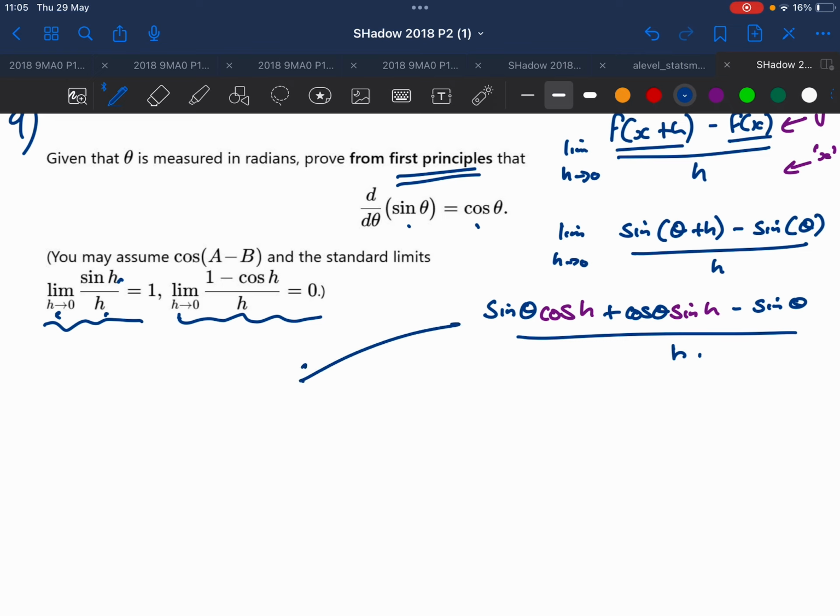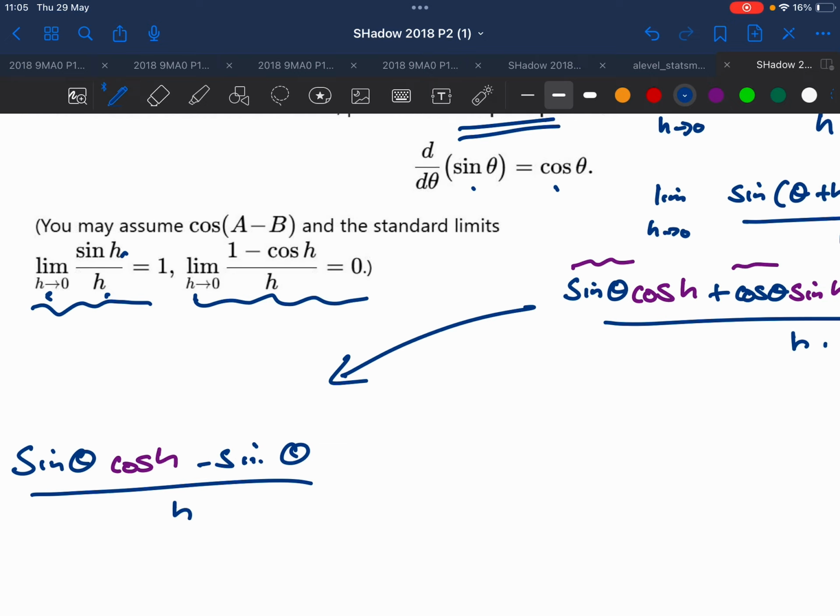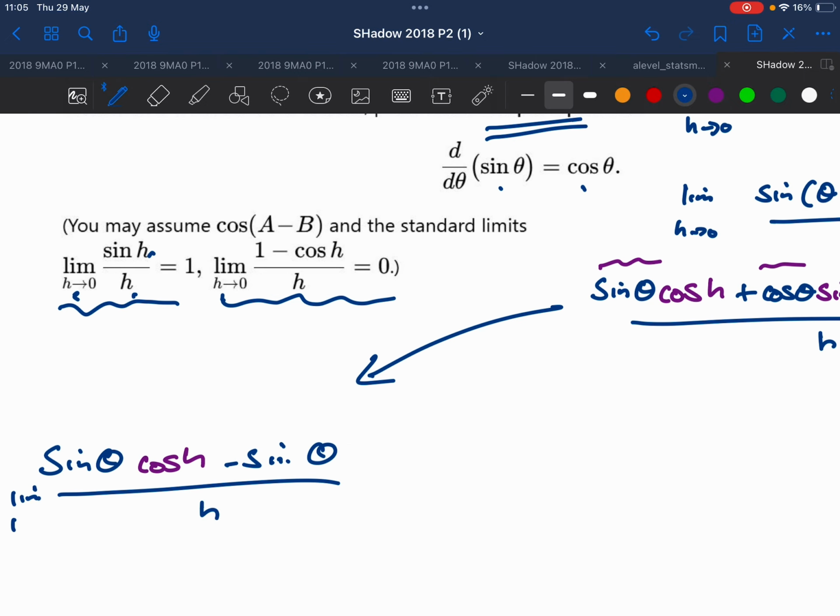Okay, so let's do our next step. I'm going to write these into two fractions. I'm going to write them as fractions that have sine theta in them, and I'm going to write this on its own as a fraction that only has cos theta in. So let's do that now. We're going to say sine theta cos h, and then I'm going to jump to minus sine theta, and we're going to put that in its own fraction, over h, as the limit as h goes to 0.